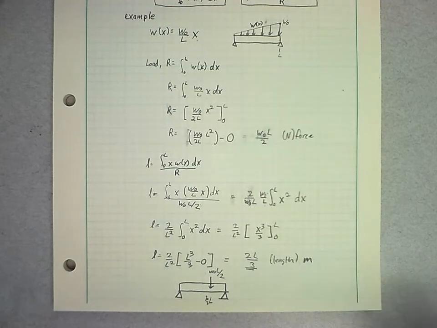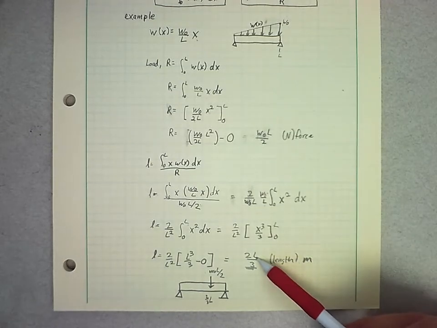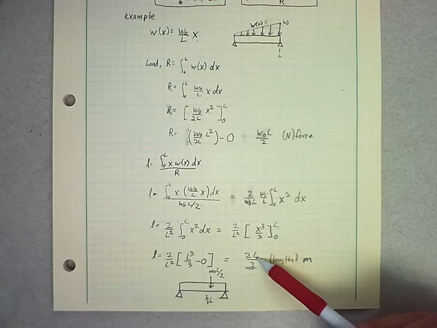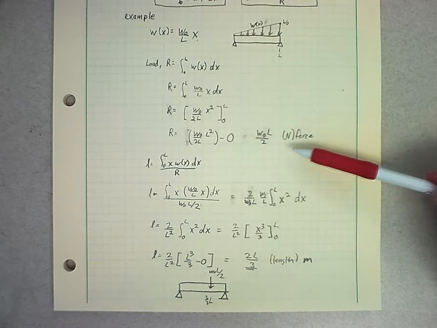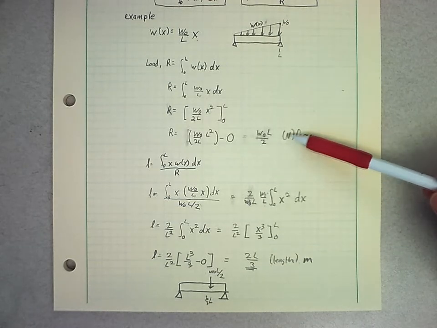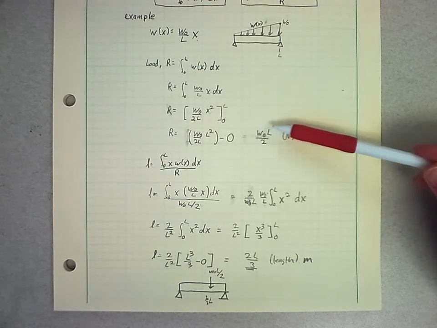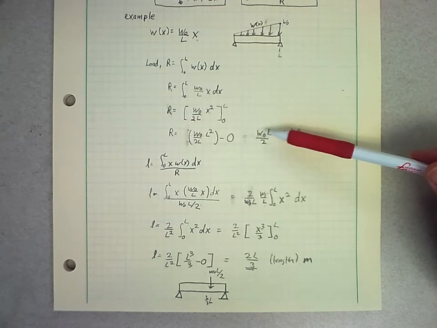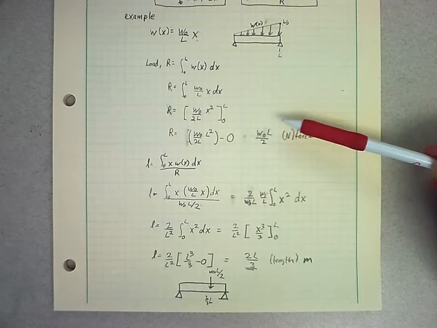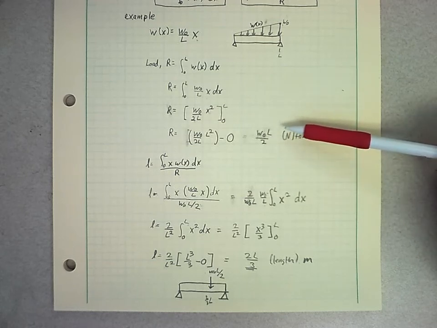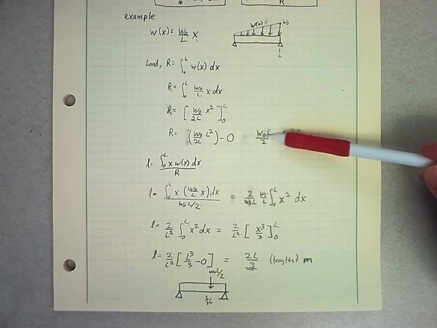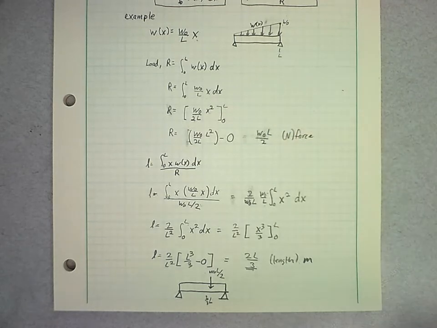Which again makes sense if I know that the only variable left in here is L, which is a length, which would be in meters. Same thing up here when I did R. W0 is some amount of weight, so it's that weight times the length. Whatever that W0 is times meters has to get me a force, which is in newtons.